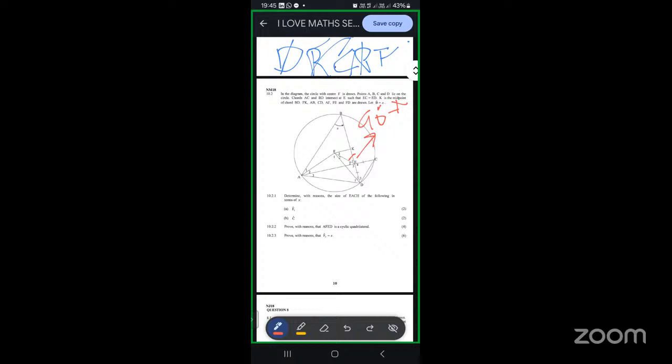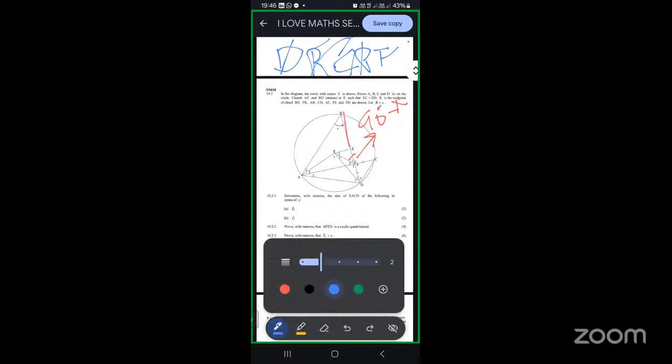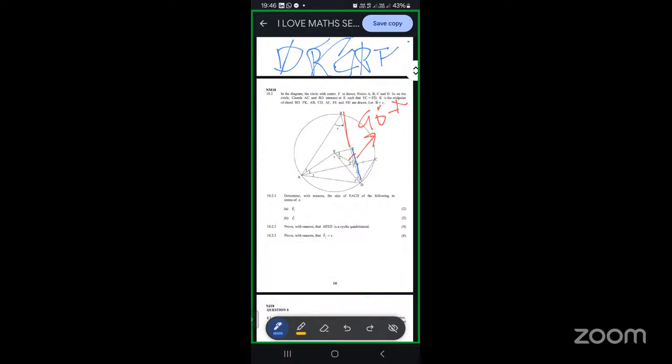That implies that BK is equal to KD. Now, if that's the case, according to theorem 1, this is 90 degrees. This will also be 90 degrees according to theorem 1. Okay, that is 90 degrees, reason being angles on a straight line.